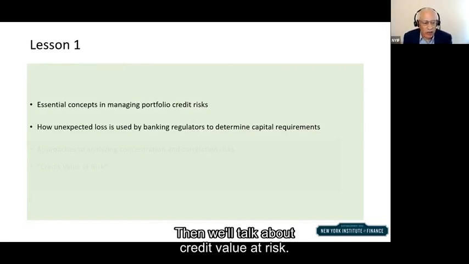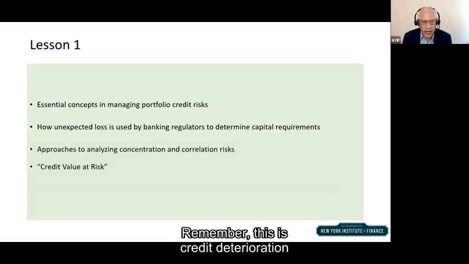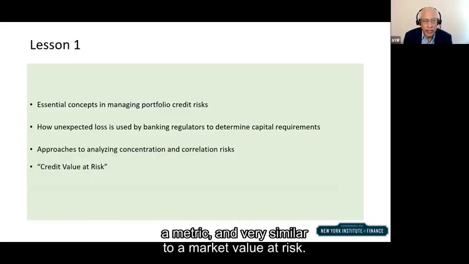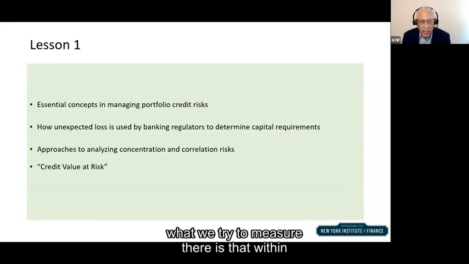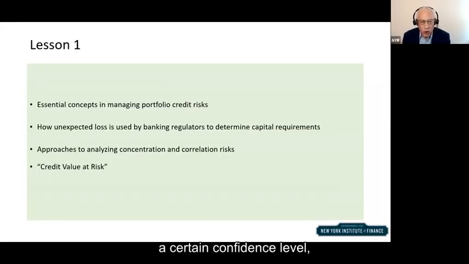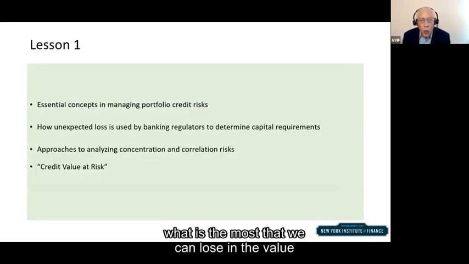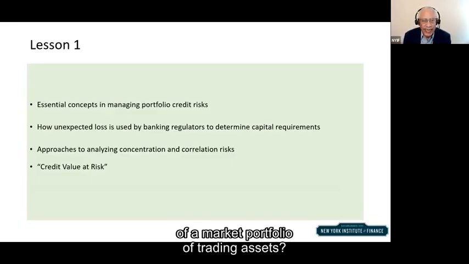And then we'll talk about credit value at risk. Remember, this is credit deterioration. And then we can now come up with a value, a metric, very similar to a market value at risk. For those of you who are familiar with market value at risk, what we try to measure there is, within a certain confidence level, within a certain probability, what is the most that we can lose in the value of a market portfolio of trading assets?